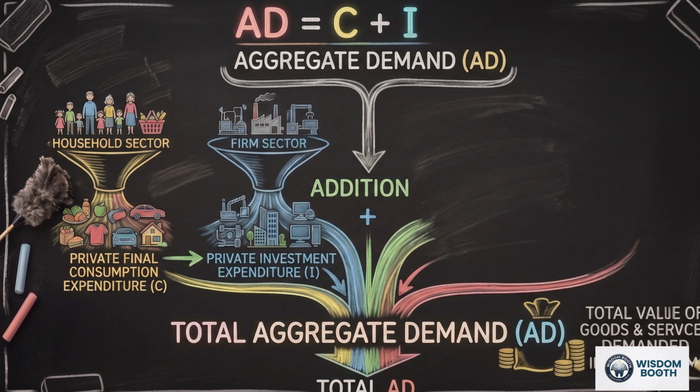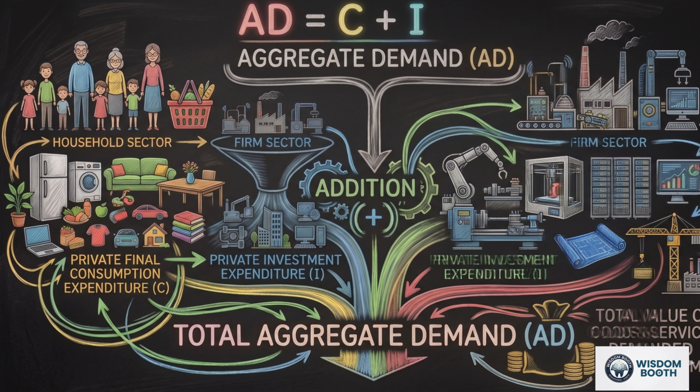That means we just pretend there's no government interfering and absolutely no foreign trade happening. So we drop G and we drop X minus M. Boom. That brings our formula down to simply aggregate demand equals consumption plus investment. AD equals C plus I. The crucial takeaway here is that for your foundational graphs, we're only looking at the behavior of households and firms.